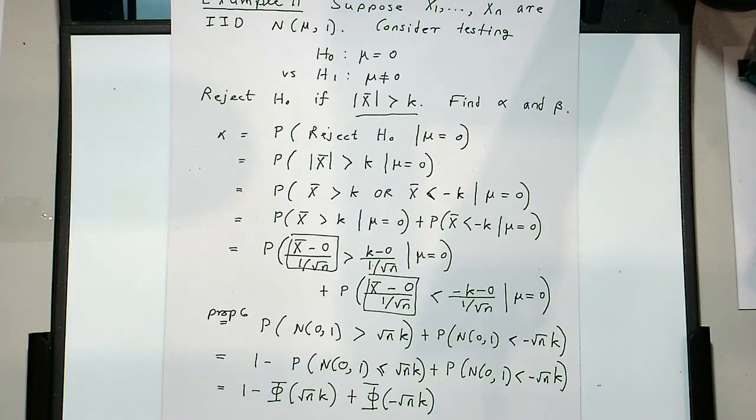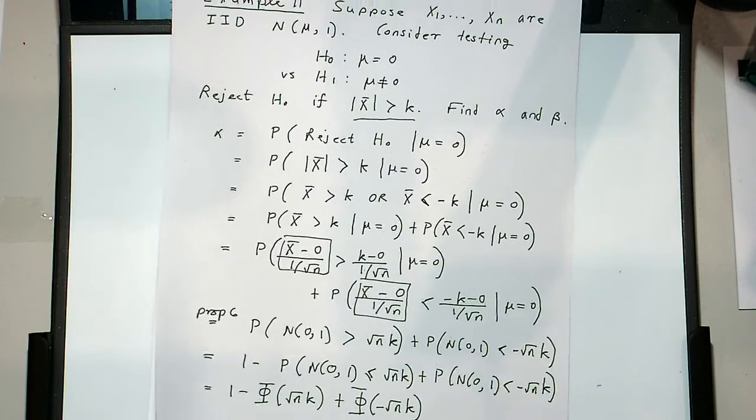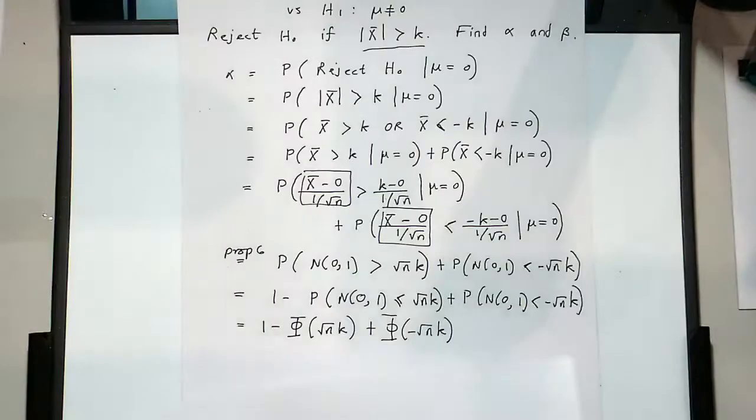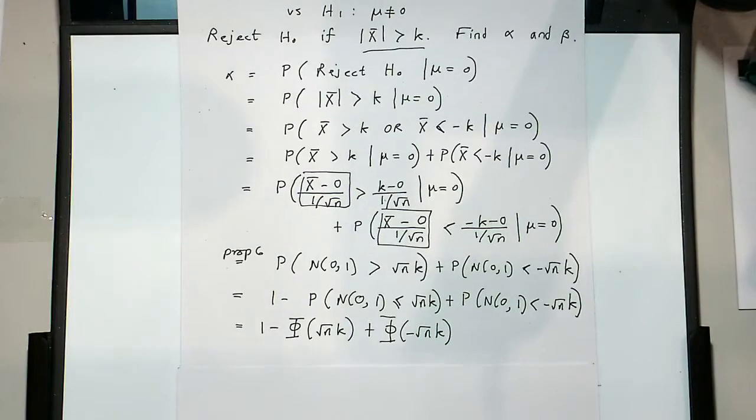Now to find beta, you do the same thing or similar. So let me show you. Beta is the probability of accepting the null hypothesis when it is not true, which in this case means mu not equal to 0.